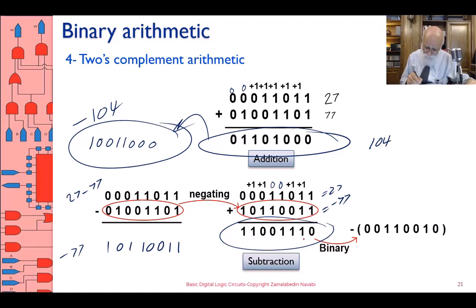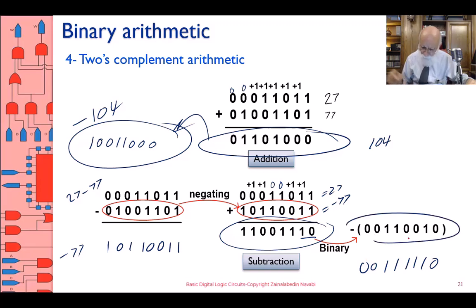Start from the right-hand side, repeat everything up to the first 1, and then complement everything to the left: 1, 1, 1, 1, 0, 0. And therefore, you look at this number, this is 50. Here, 1, 2, 4, 8, 16, 32, that's 48, and 2 is 50. Okay?